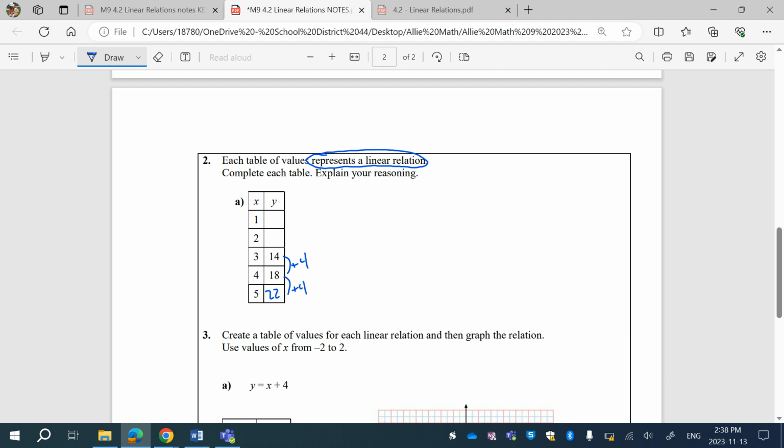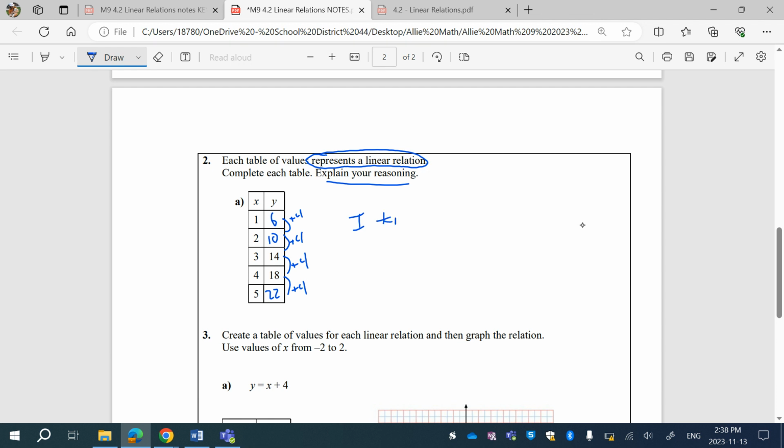So 22. And this one before it would have been minus 4 to 10. And this one would be 6. So you can use it to figure out the other ones based on this information that we know how it's going to react. So explain your reasoning.